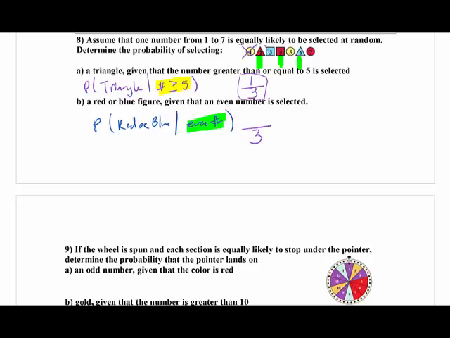I'm no longer looking at any of the odd ones. Now out of those 3 that I've put a mark underneath, how many of those are red or blue? 2 is red, 4 is red, 6 is blue. So I have 3 over 3, which is 1. Remember, you can get 1 or 0. Those are the extremes that you can get.